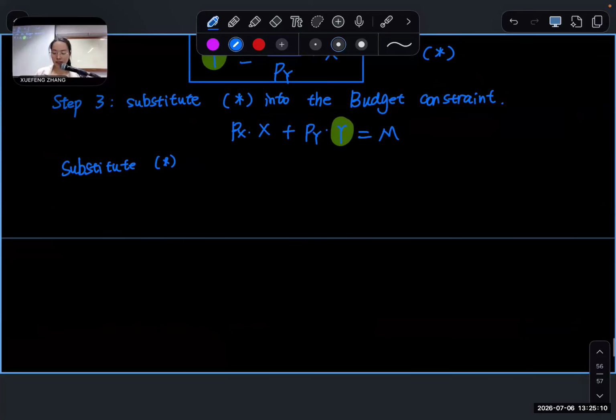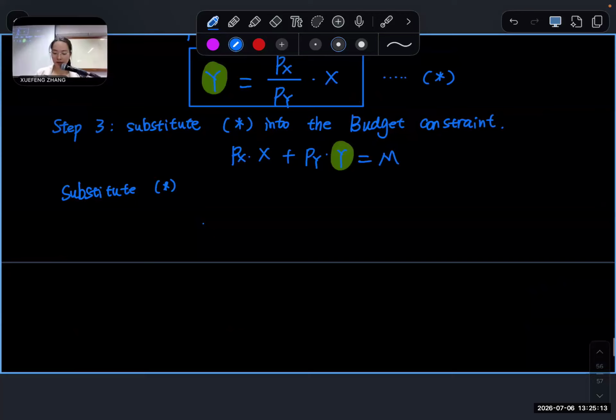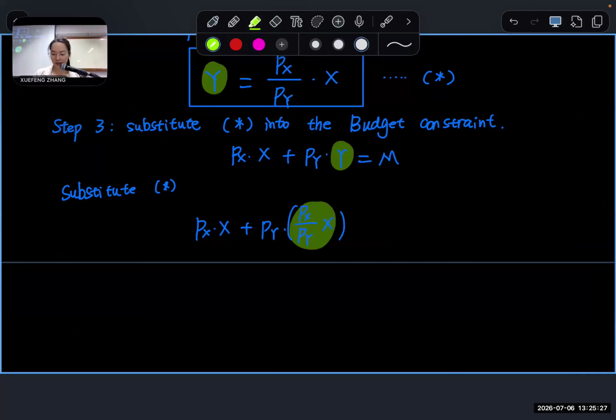And just replace y. So here we have Px times x plus Py times (Px over Py) x, which is the y, equal to m.